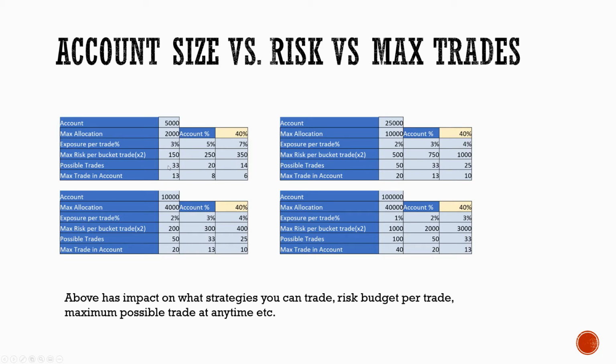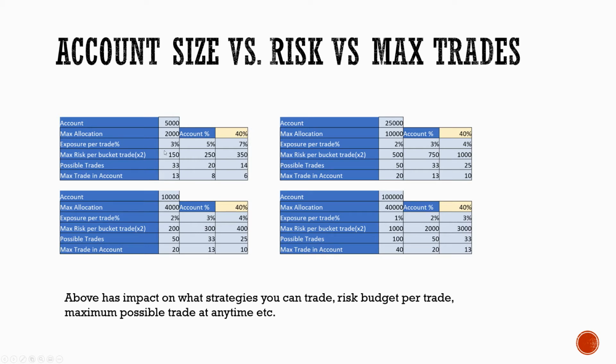That's why it is really, really important that you allocate 1 to 2% risk per trade, and at any particular time, you should not allocate more than 40% of your full account. What does it mean?